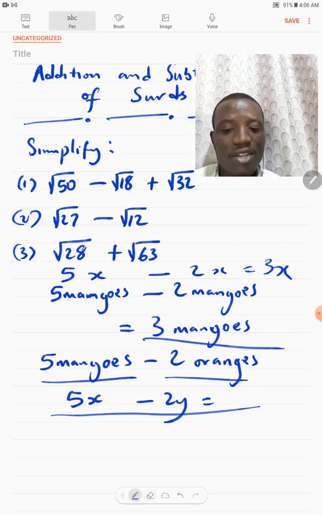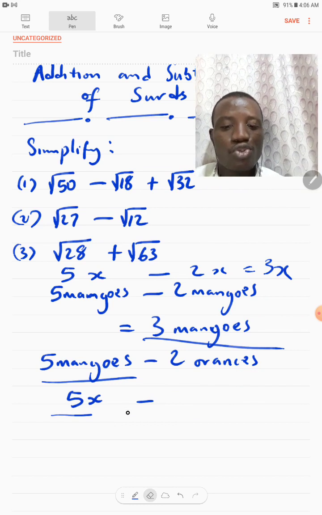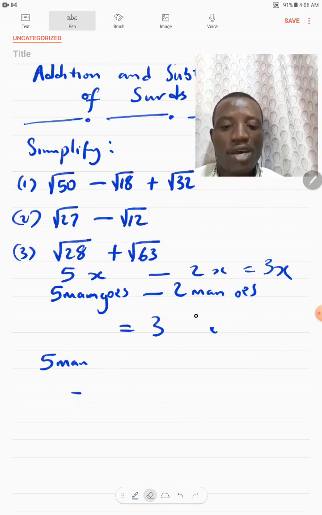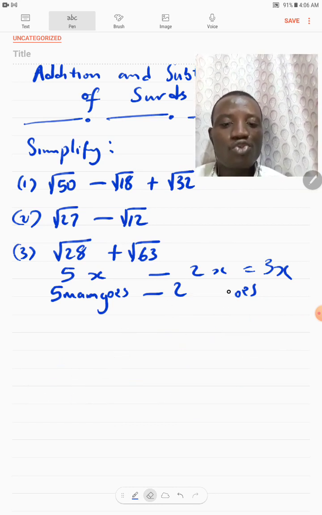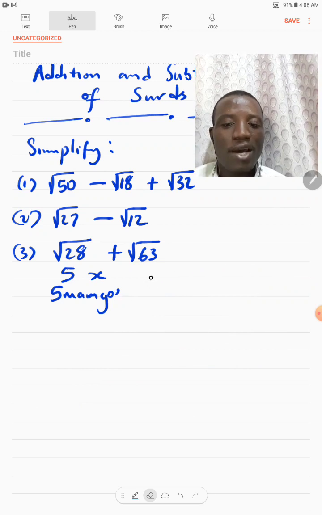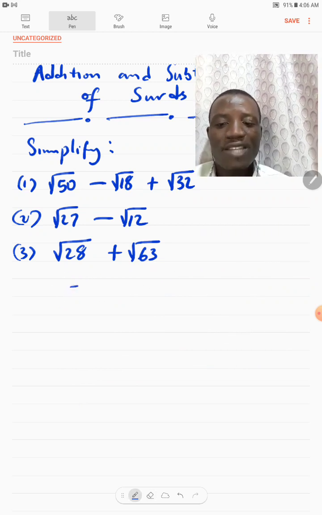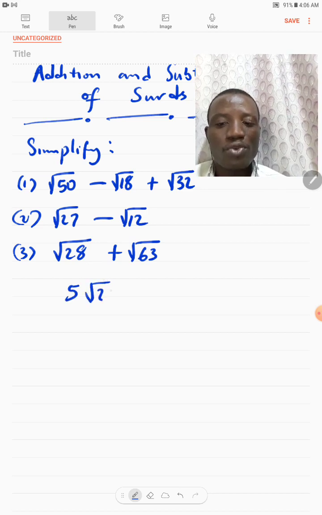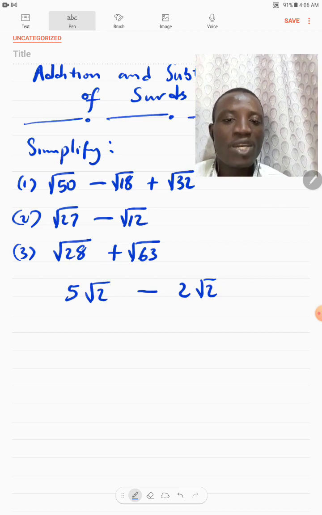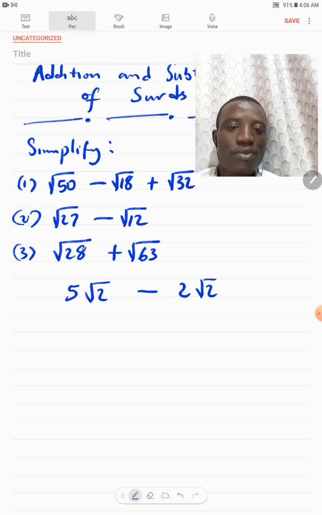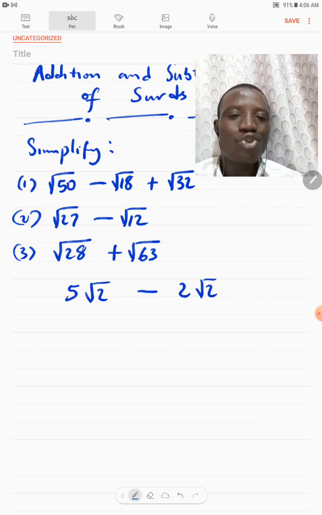Now let's take it to using examples in SURDS. So if we want to put our parameters back to SURDS, for example, if I write 5 root 2 minus 2 root 2. Now in SURDS, the numbers in the roots are the ones that you should look at like x and y.